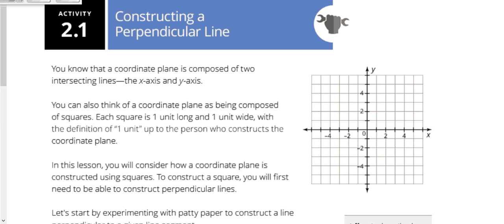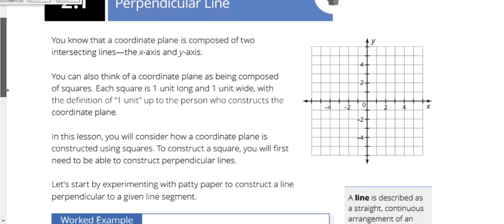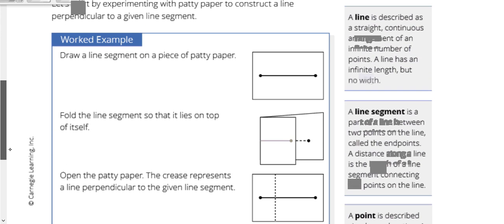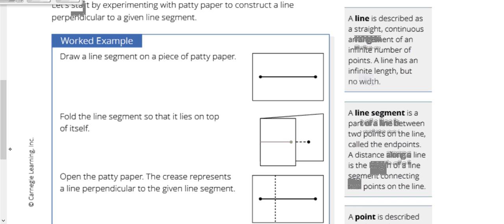Okay, so we are going to get into how to construct a perpendicular line. A couple of things here. When you are doing this, we need to talk a little bit about notation. In Mathia, you're going to be dealing with notation a little bit this week. So we need to make sure that we understand that a line is described as a straight and continuous arrangement.